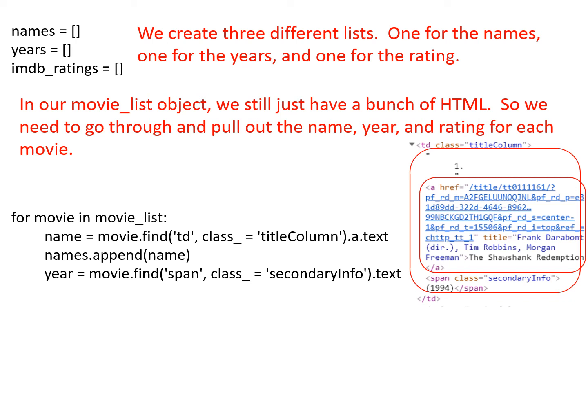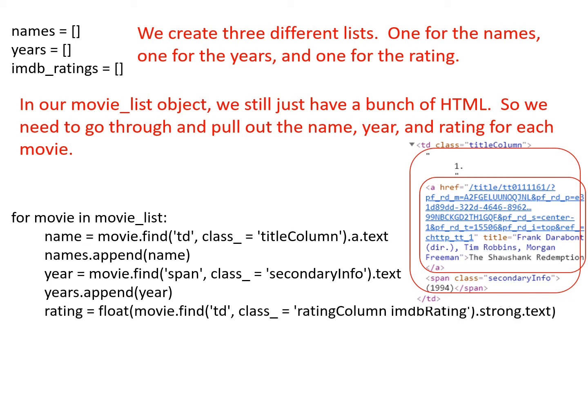There are parentheses around it, and we'll learn how to deal with that in a little bit. But for now, let's just pick up all of that, the parentheses and then the actual year. Now that we've found that year, we want to put it into our years list. So years.append, and then pass in our new year.